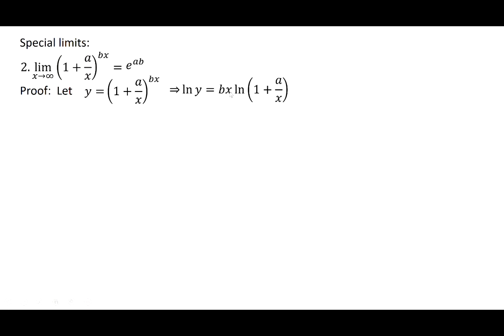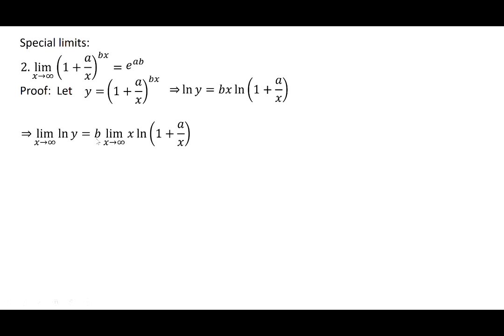So I can write the right hand side as bx times the natural log of 1 plus a over x. Are you okay with this? Cool. Now let's take the limit on both sides as x approaches infinity. The limit as x approaches infinity of the left hand side equals the limit as x approaches infinity of the right hand side.